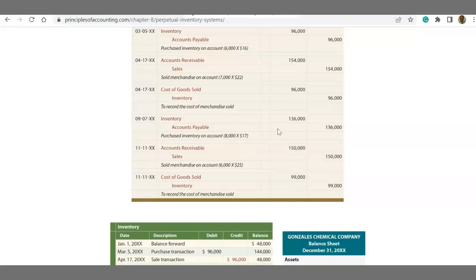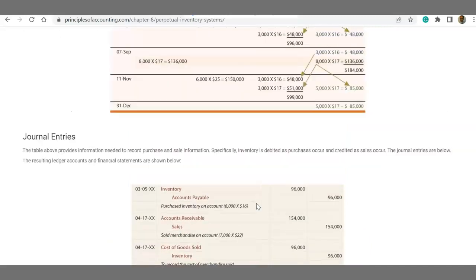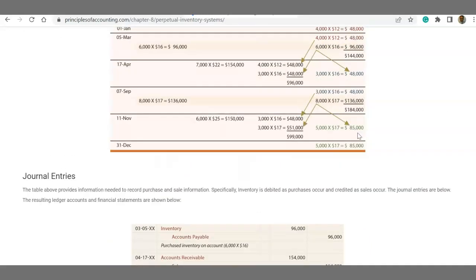Journal entry number 1, accounts receivable debited to increase it, sales credited to increase it for $150,000. And then cost of goods sold will be debited to increase it, and inventory will be reduced by doing credit of $99,000. So as of this moment, you see the inventory is properly updated at $85,000 total cost.